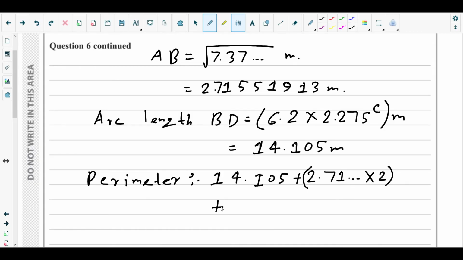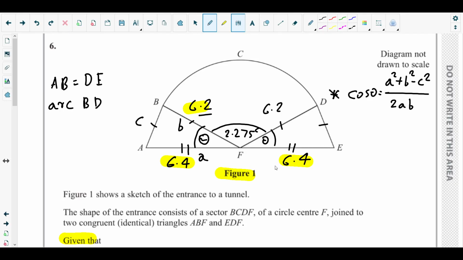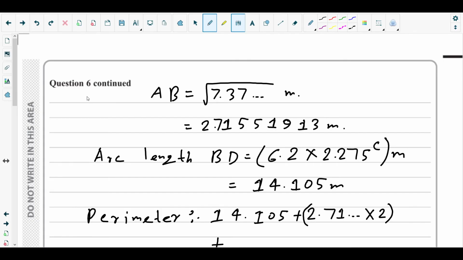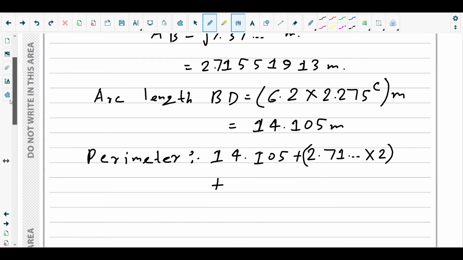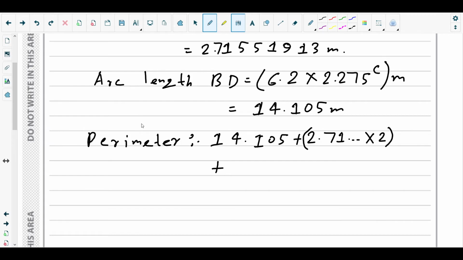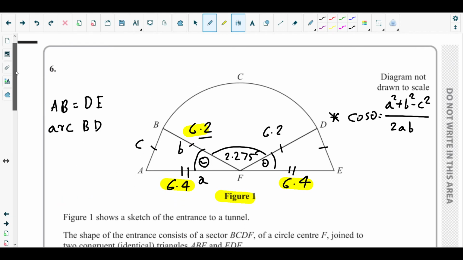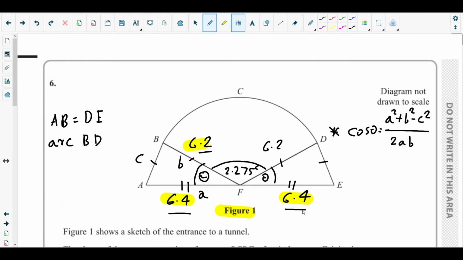Plus the length of AE, which is 6.4 times 2, because on the other hand it has another equal side. So we added 6.4, 6.4, 2.715 and 2.715, that's why times 2, and the length of BD, that is 14.105.